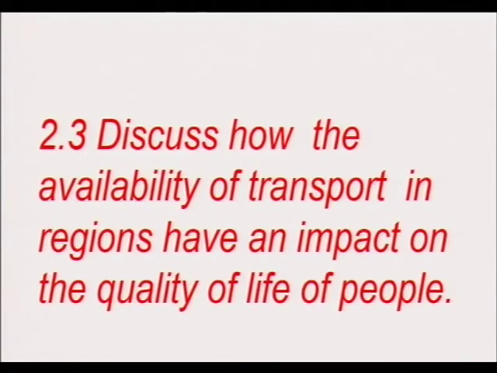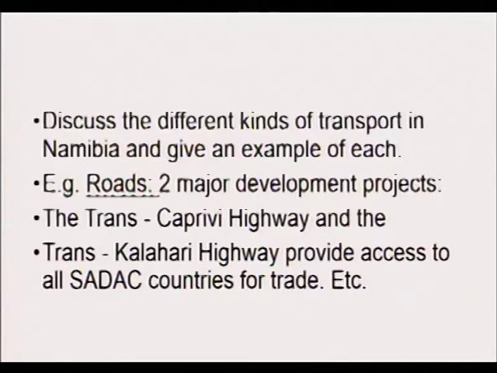Question 2.3. Discuss how the availability of transport in regions has an impact on the quality of life of people. Here you discuss the different kinds of transport in Namibia and give an example of each.